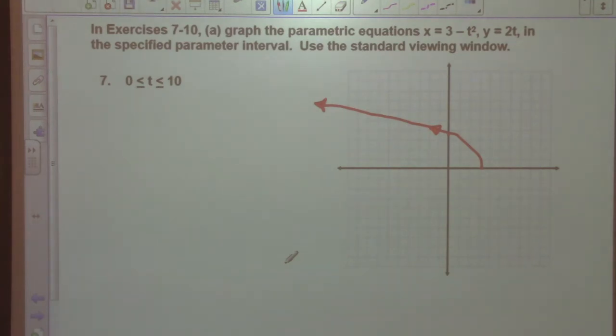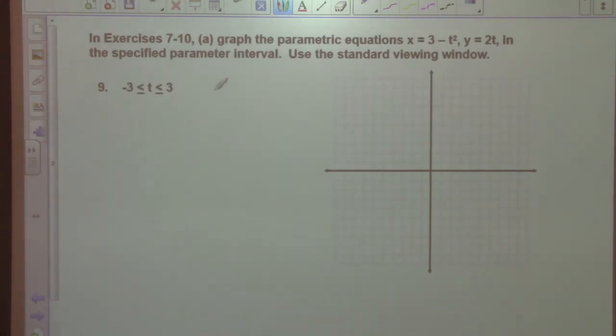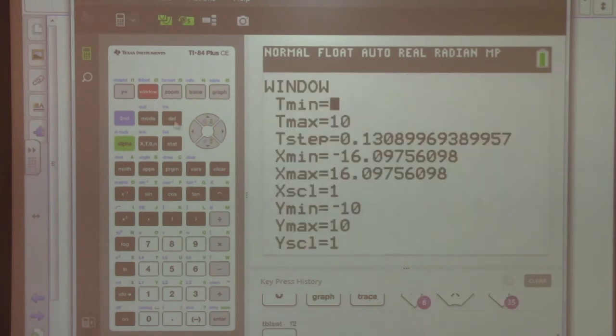Oh, number 9, okay. Yeah, number 9, it's the same equation, but you have a different interval. So we have t from -3 to 3. And so I'm going to go to the window, and now I'm going to put t minimum of -3 and t maximum of 3.